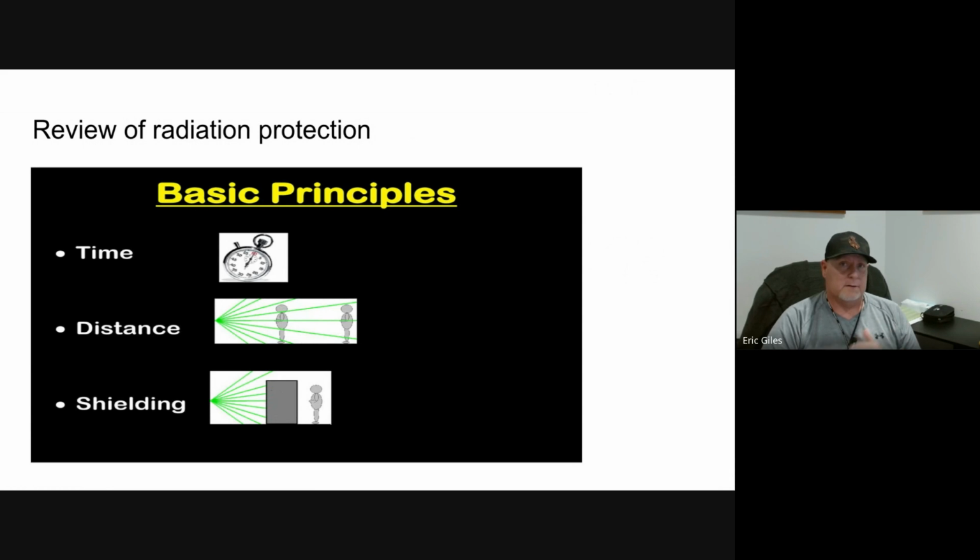Shortening the time of our exposures, increasing the distance when we're taking the images, or anybody else that's in the room. We want them as far away as possible. And shielding, use shielding when you can, for sure, especially if the patient asks for that service. We need to provide that. Okay, so it's just one thing you got to remember: three basic principles of radiation safety are time, distance, shielding.